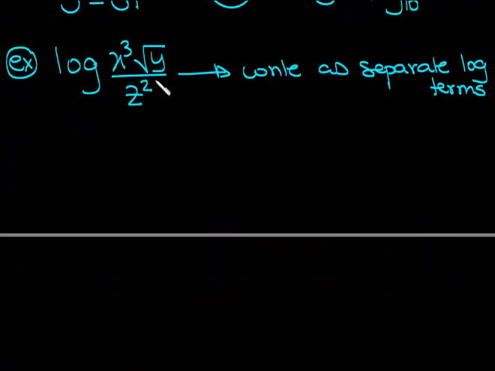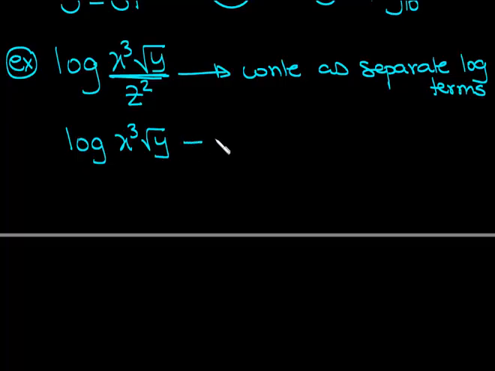The first thing you notice is I have a quotient. There's a quotient property of logs, so let's start with that. You take the log of the top, which is x cubed times square root of y, minus the log of the bottom. That's what the quotient property tells you to do. If you have a quotient, you take the log of the numerator minus log of the denominator. Then if you notice, we have a product here, so I can use the product property. This was property 12 that I just used.